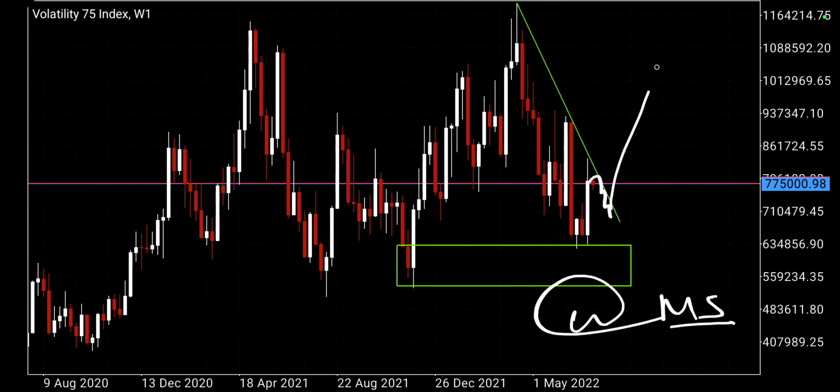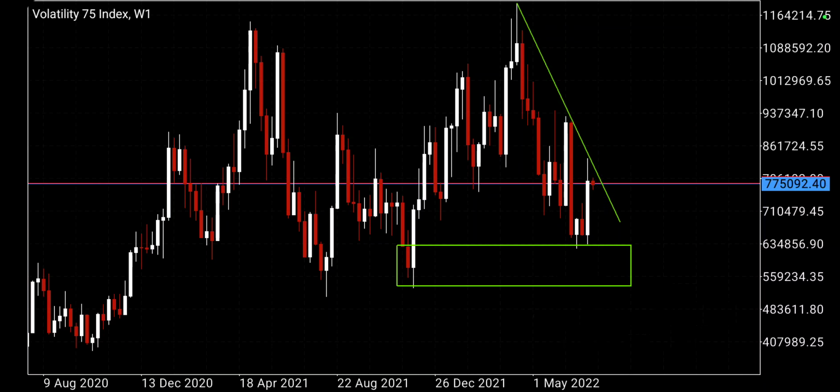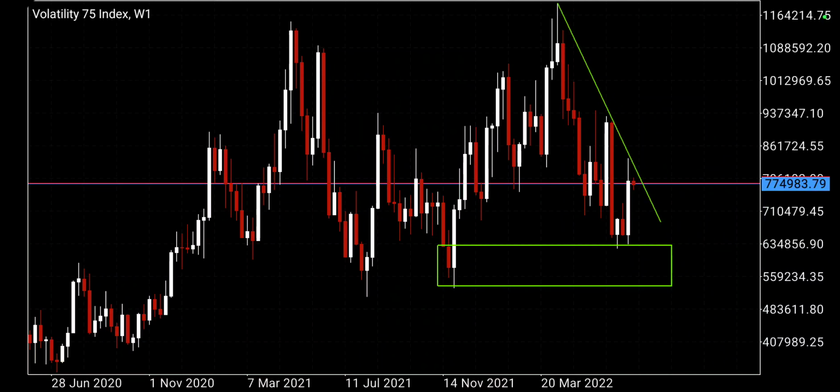So this can just be maybe a pullback before taking off, or even a smaller one before taking off. So if you happen to look for trades to go short there, make sure that you don't expect them to be long term, like something like this. It can happen, but don't expect that. You need to be realistic in your expectations or in your analysis. Otherwise, you're going to be disappointed many times.